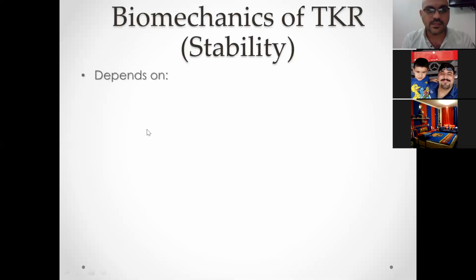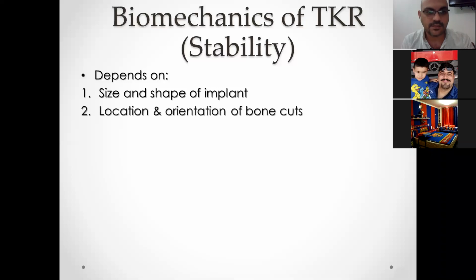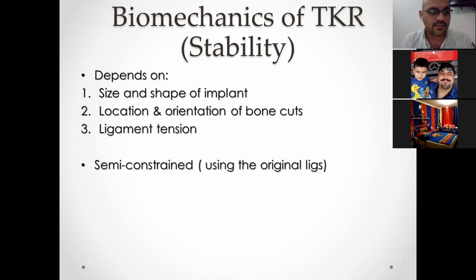So stability, in the modern technique of implants, depends on many factors. First of all is the size and shape of the implant. The second is the location and orientation of the bone cuts, and the ligament and soft tissue tension that can be assessed during the total knee implantation.